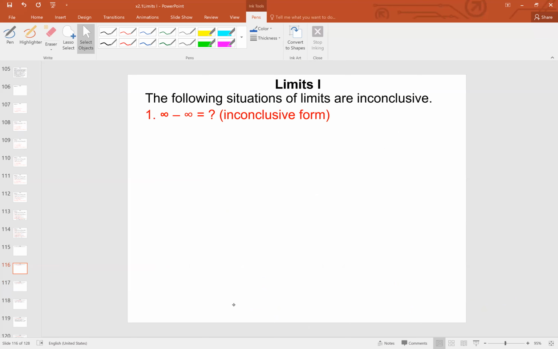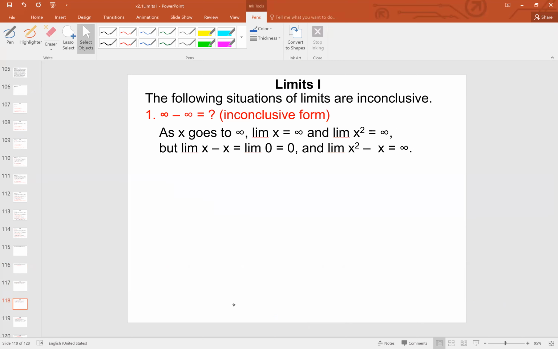Now, we cannot say anything about these. If I have a formula going to infinity and another formula going to infinity, and I subtract them, I don't know the behavior of the difference. For example, here are two formulas that both go to infinity. If I subtract x minus x, I get a formula whose limit is 0, because x minus x is 0.